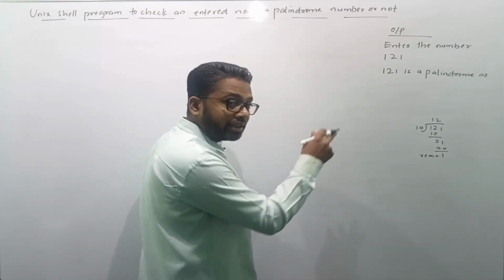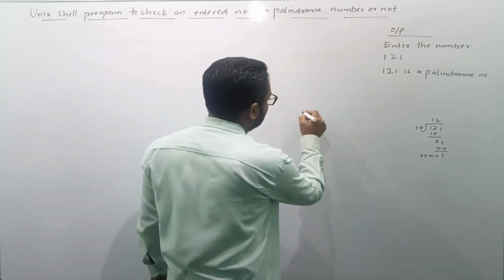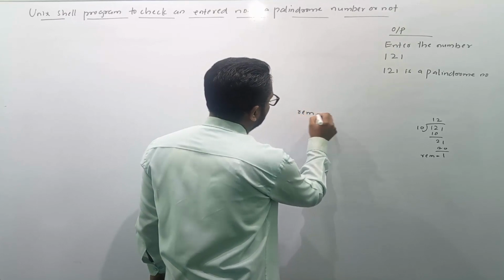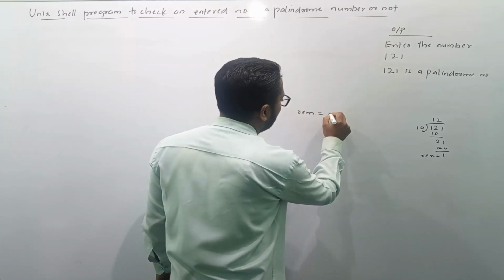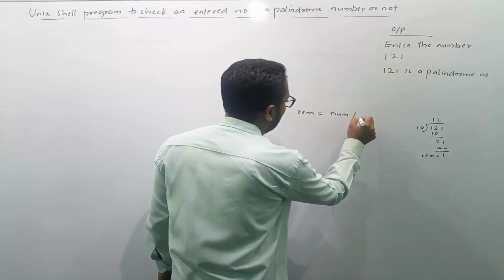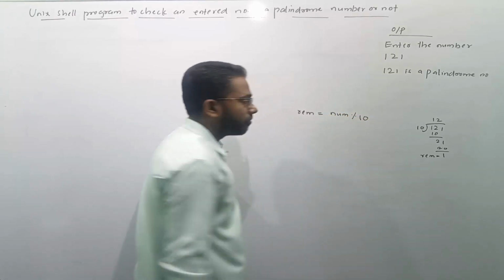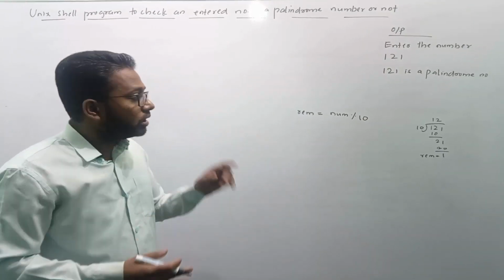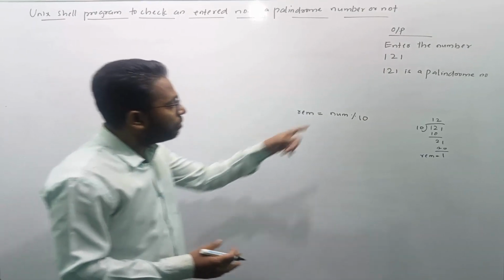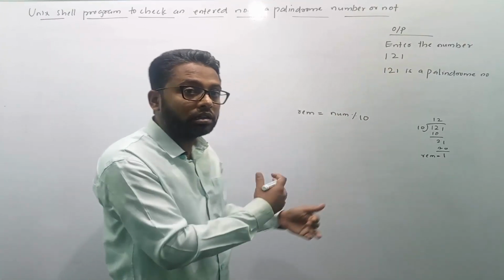So I will write down that step. To find out the remainder, I have performed the modulus operation on the number. At the very beginning itself, you need to make a copy of this number in another variable.